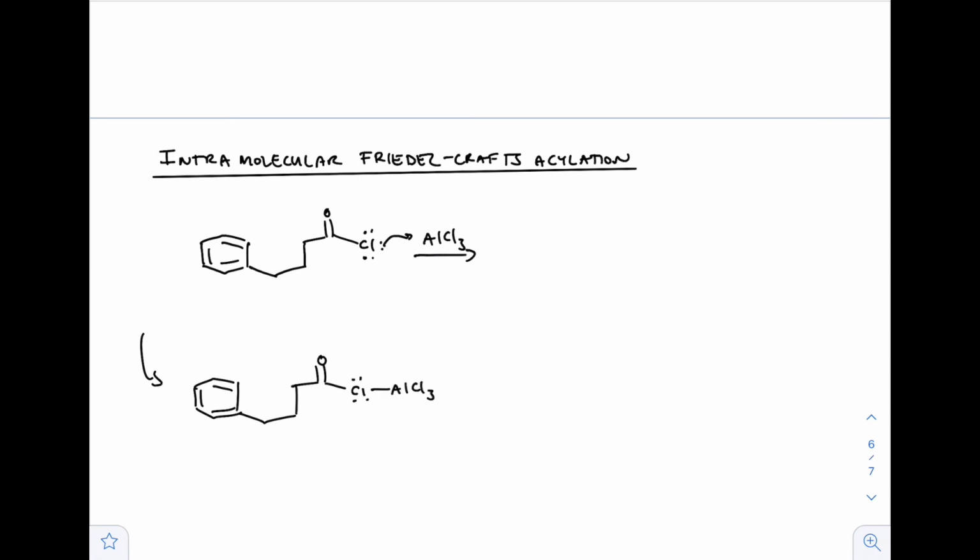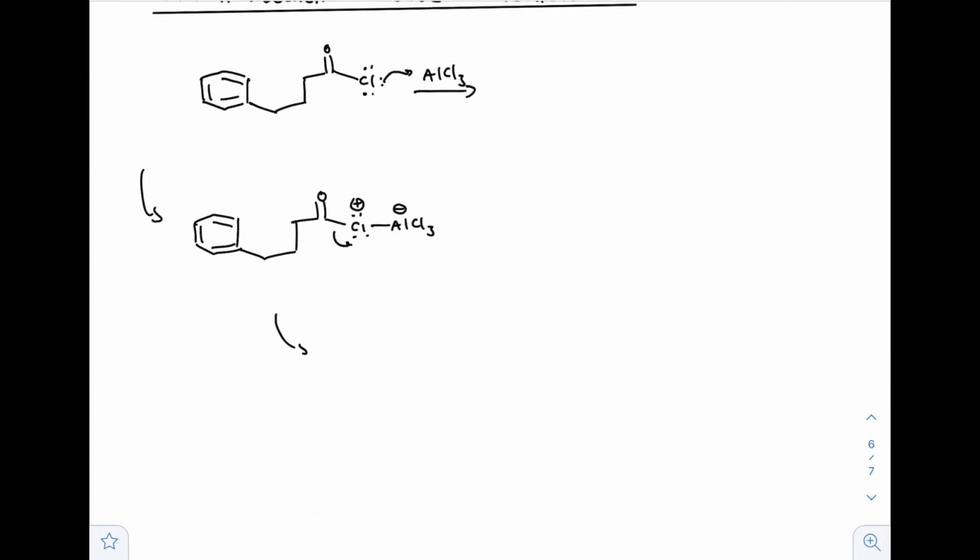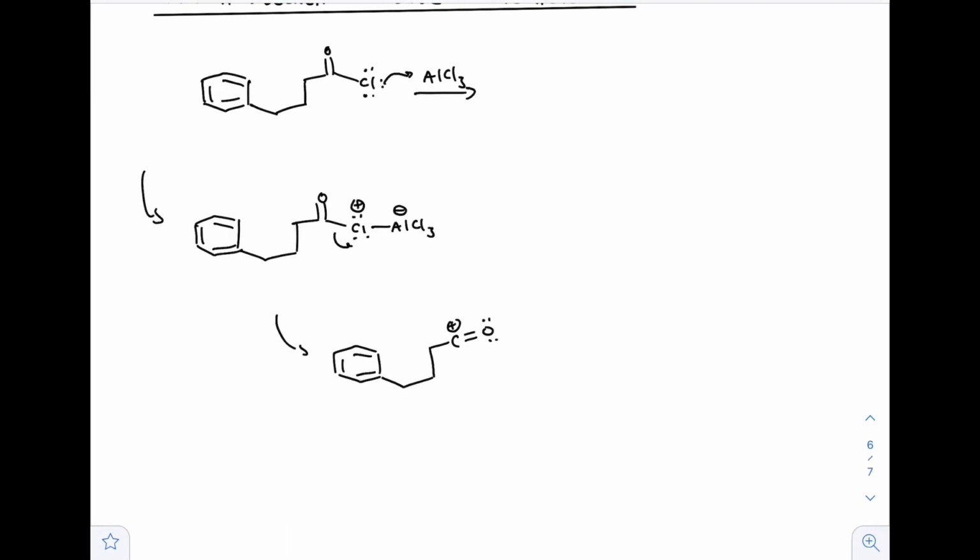So once that acid-base adduct forms, we can have that leave, and that forms the resonance stabilized acylium ion. Remember? There you go, acylium ion.